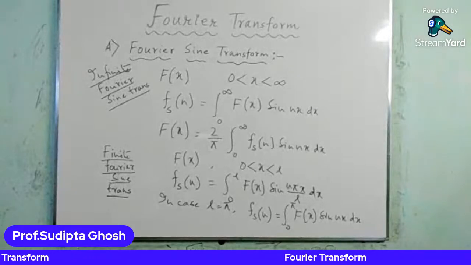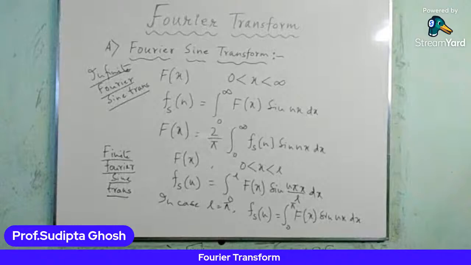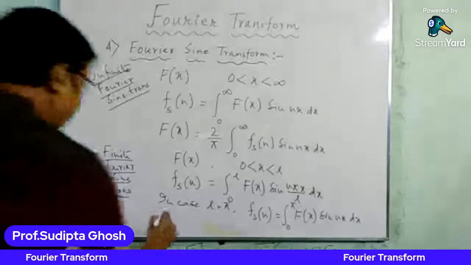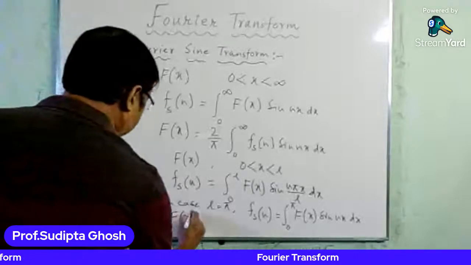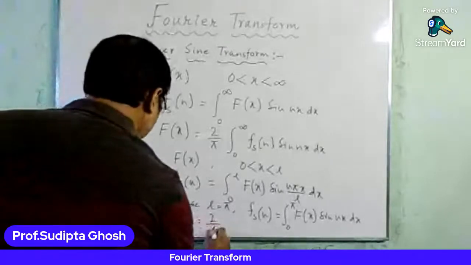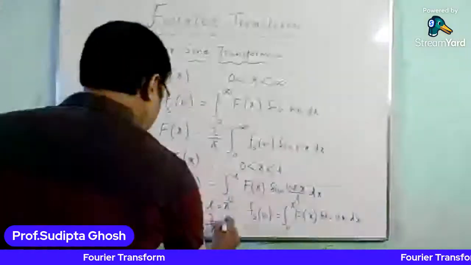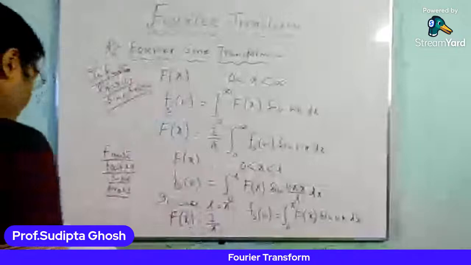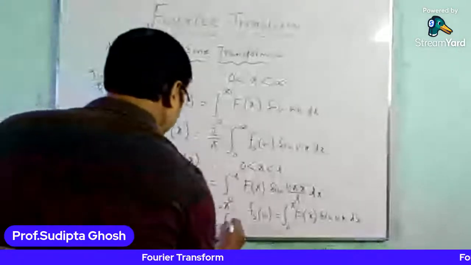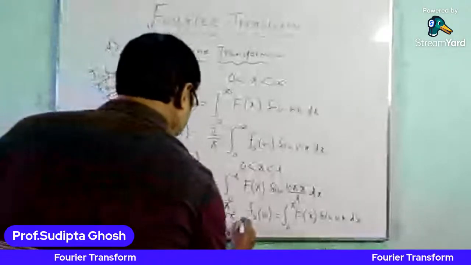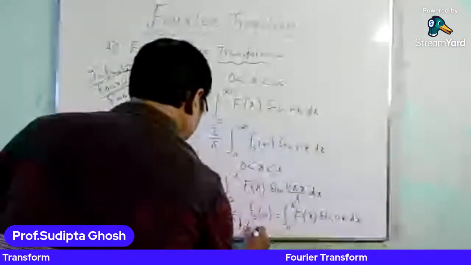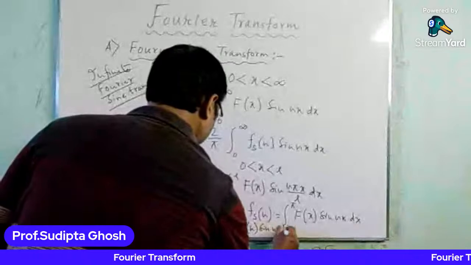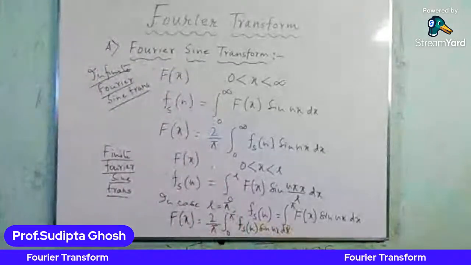And the inversion formula, that is capital F(x), should be given as capital F(x) equals 2 by pi integral 0 to pi small fs(n) into sine nx dx. Okay.